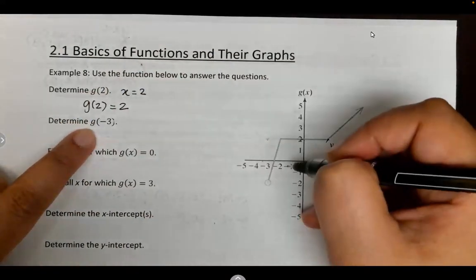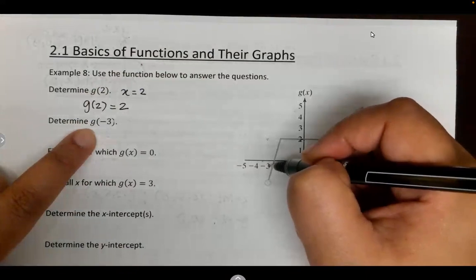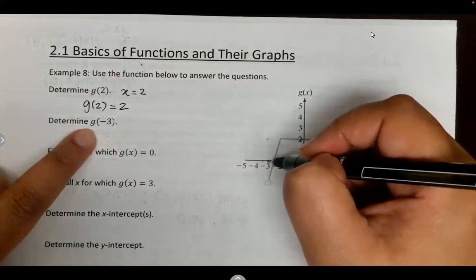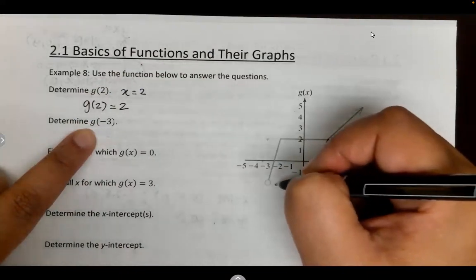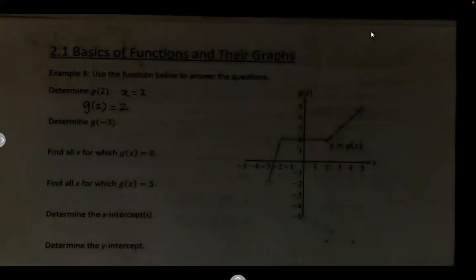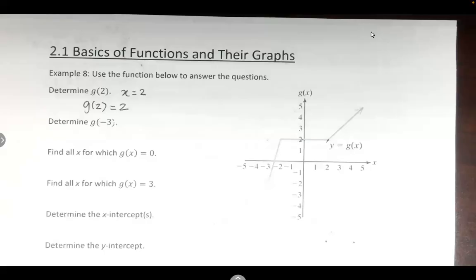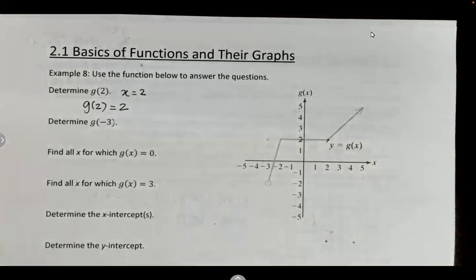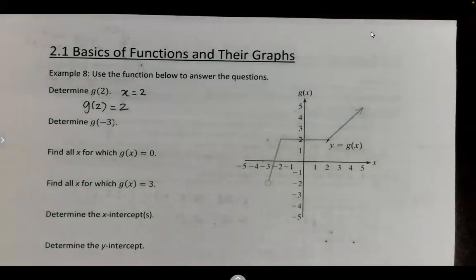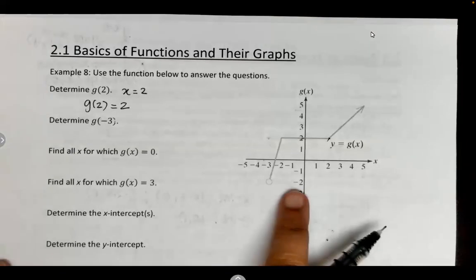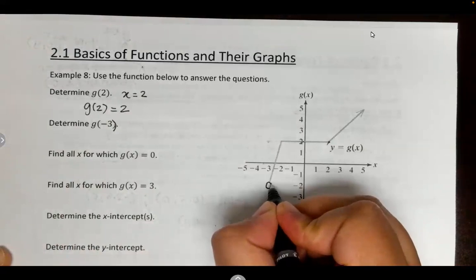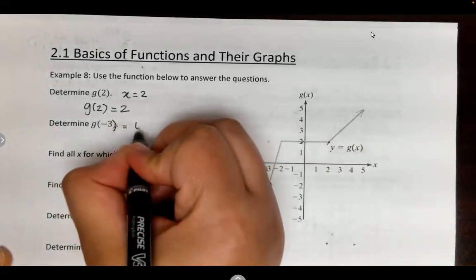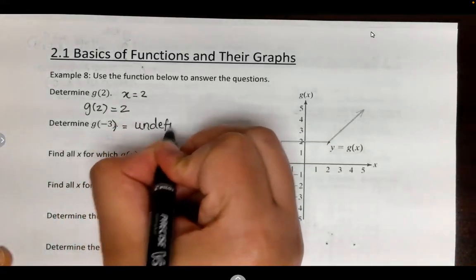G of -3: when x is -3, what is the value of y? Technically, if it was a closed circle, then we would have had -2 as its value. But because it is an open circle, we say it is undefined.